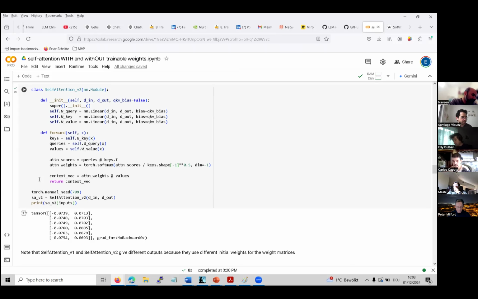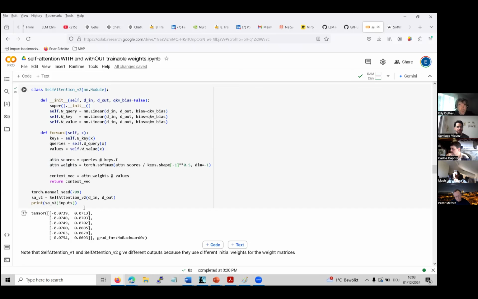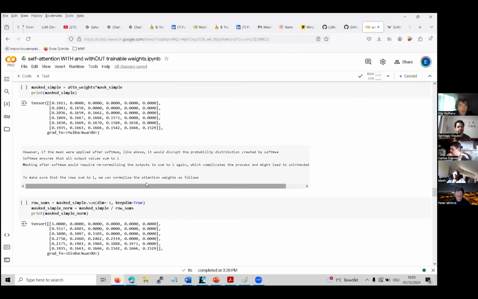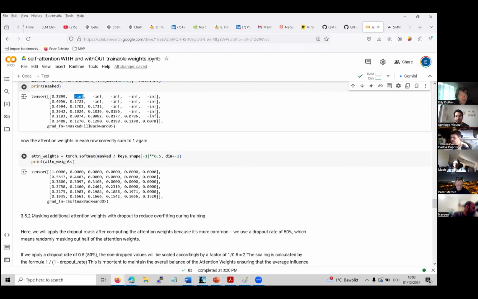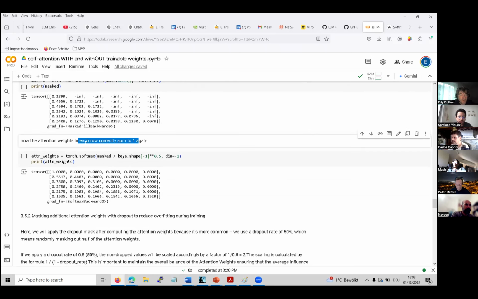Let's see if we can continue slightly faster when we resume, to see if we can achieve the goal of finishing this chapter. Okay, so this data leakage problem is solved by using this upper triangular infinity mask approach, which gets rid of the influence of the future tokens on the current tokens.